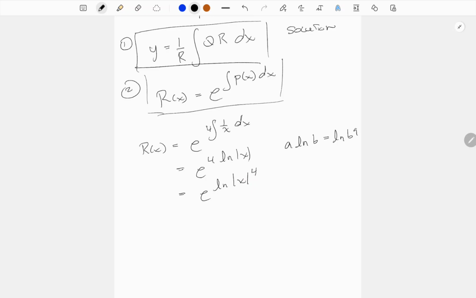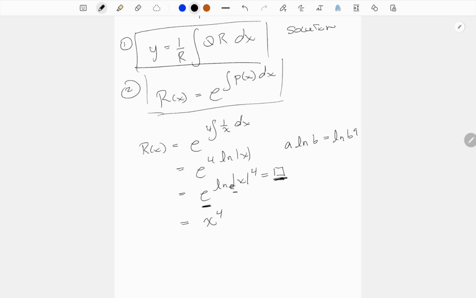Now this exponent, e to the box, this e to this box is x to the 4. This e is to the same box, so this is just x to the 4.